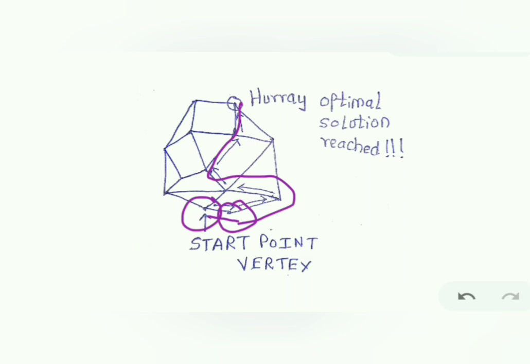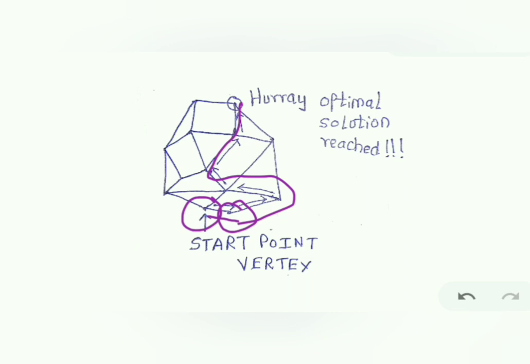But no, I have already reached a position where I cannot find another vertex better than me, which will maximize the value. And hooray, that's the point, you have reached the optimal solution. So what you are doing is walking on this polytope till you achieve the optimized solution, the maximum value.